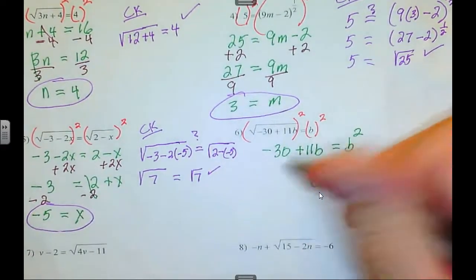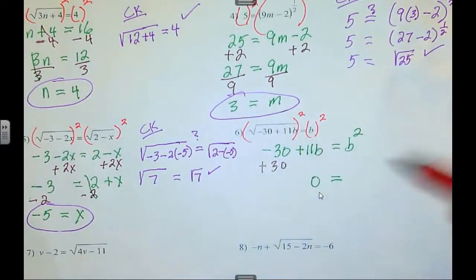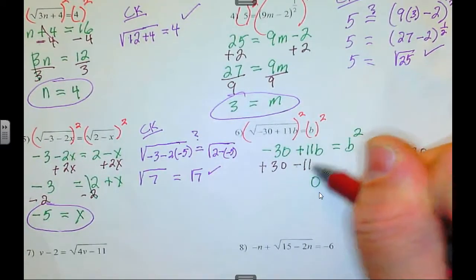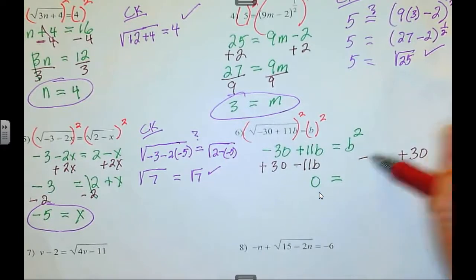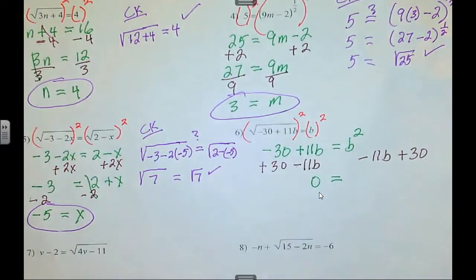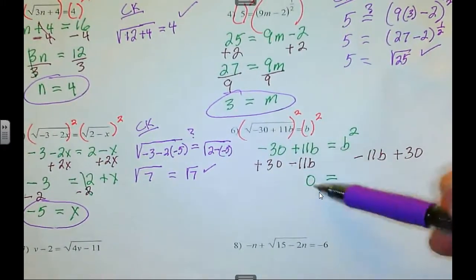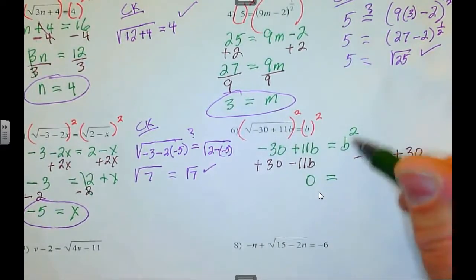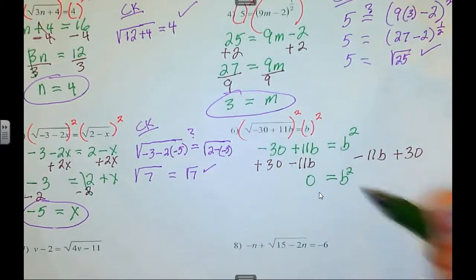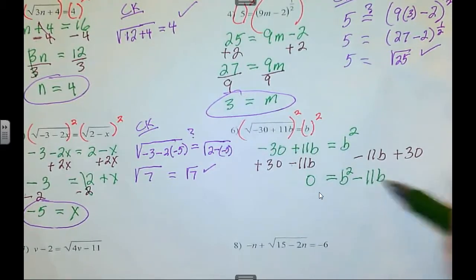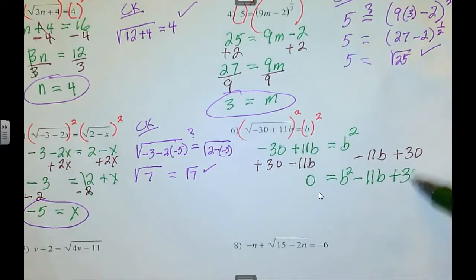So we're going to add 30 to both sides. We're going to subtract 11b from both sides. So I get 0 on this side. I get b squared minus 11b plus 30.